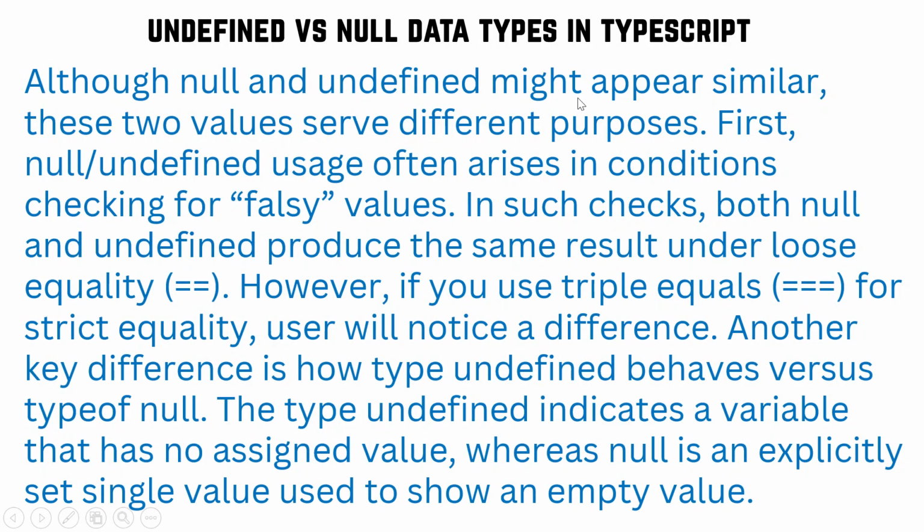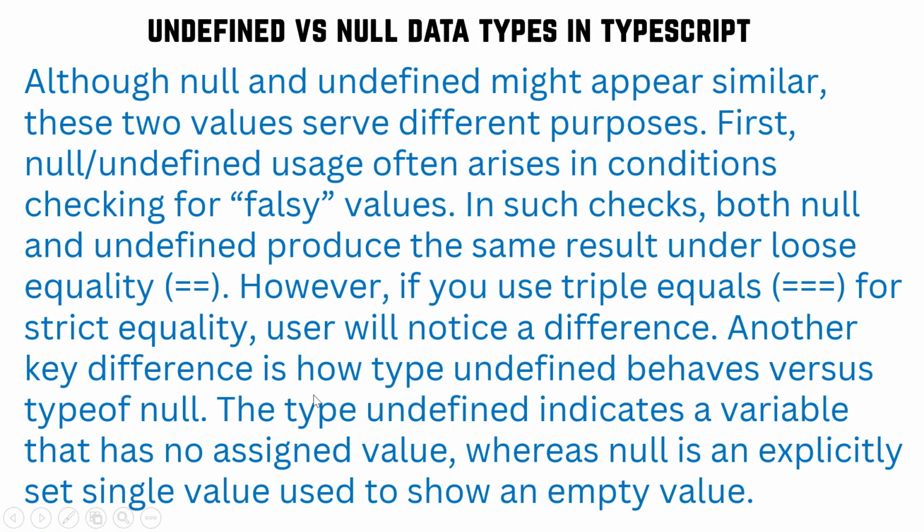Although null and undefined might appear similar, these two values serve different purposes. First, null or undefined usage often arises in condition checking for falsy values. In such checks, both null and undefined produce the same result under loose equality. This is called loose equality, where you are trying to check that value. However, if you use triple equals, called strict equality, you will notice the difference.